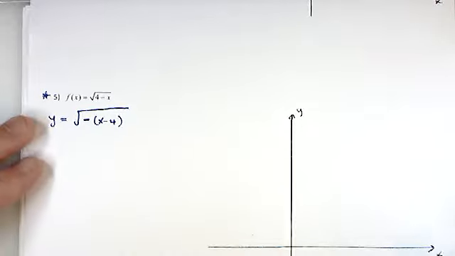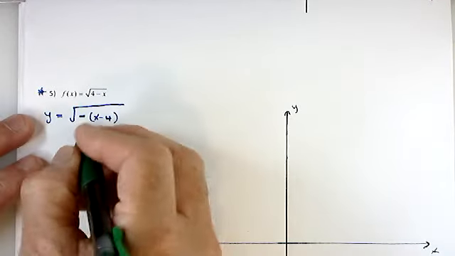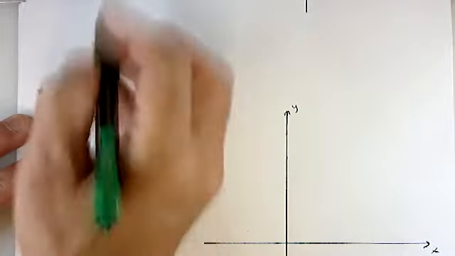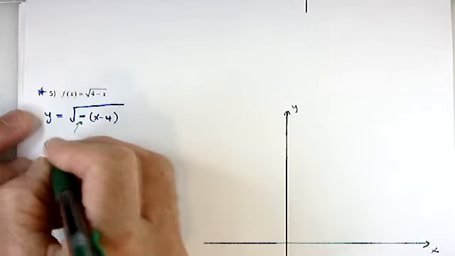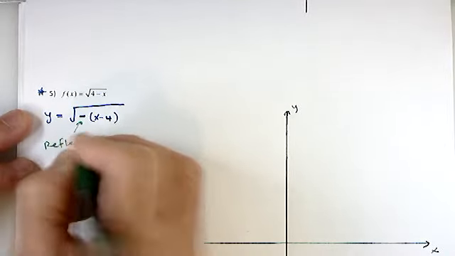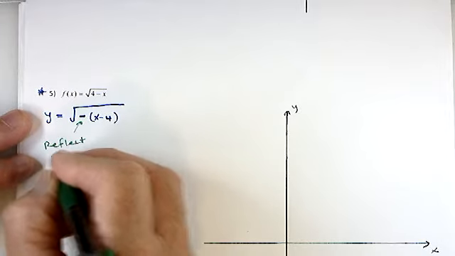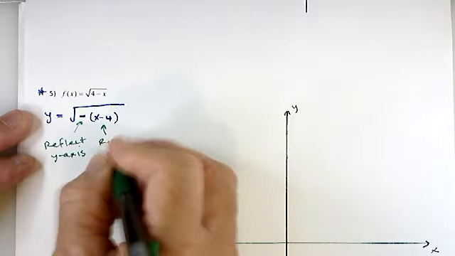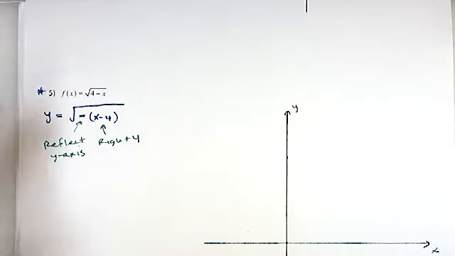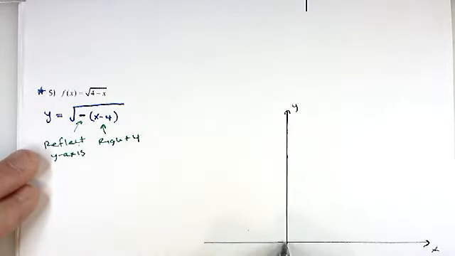And the transformations that have happened: this is just like the last one, it's going to cause a reflection of your x values, which is going to reflect around the y-axis. And this is going to move my graph to the right 4 units. So the way to think of this is, your normal square root function, if I reflect it around the y-axis, is going to go this way, and then I'm going to move it 4 units.